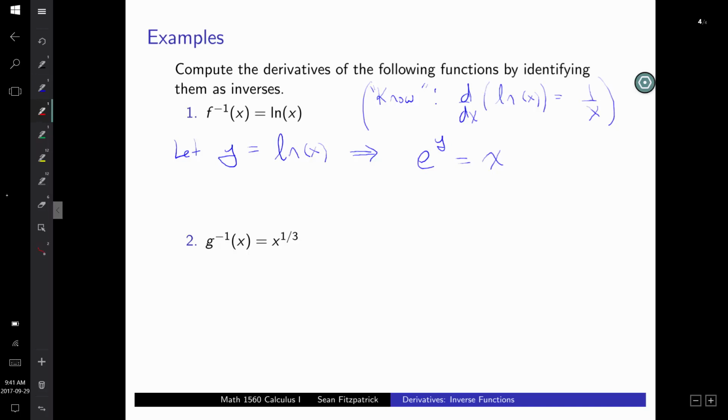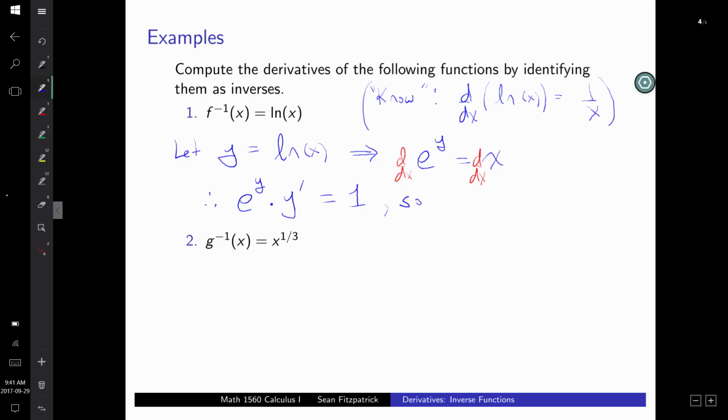And now I can take the derivative of both sides with respect to x. On the left-hand side, when I take the derivative of e to the y, I get simply e to the y. But because I'm taking the derivative with respect to x, implicit differentiation says I need to multiply by y prime. On the other side, I simply get the derivative of x, which is 1.